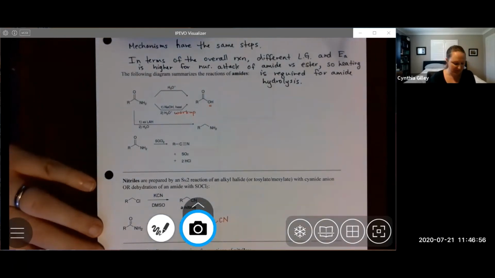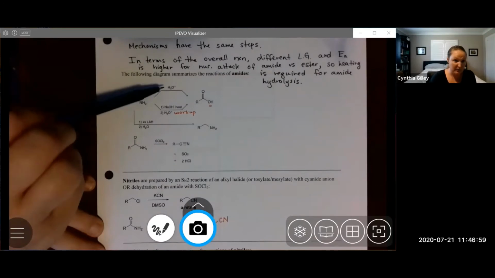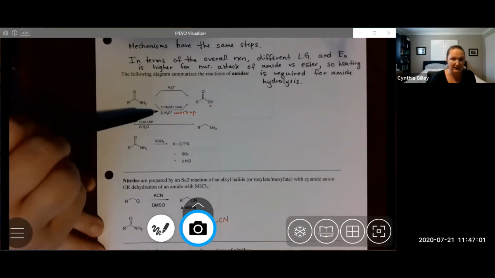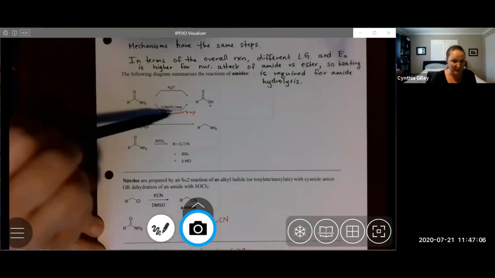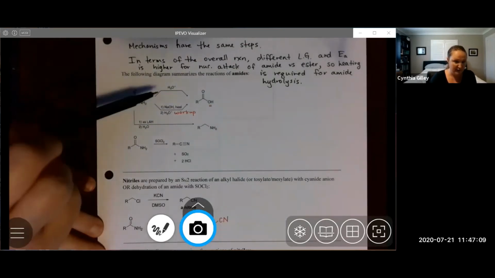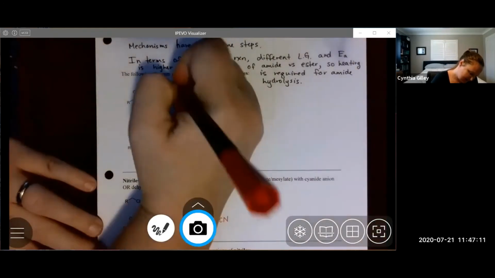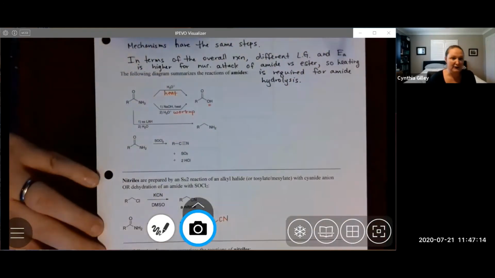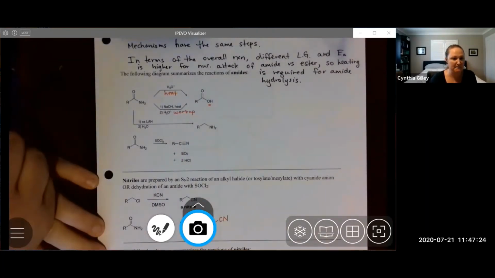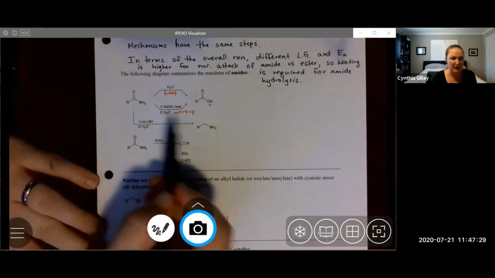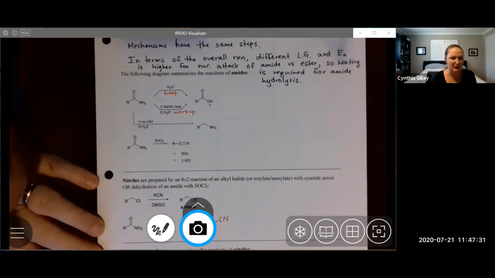Even though it looks like this is H3O plus and this is H3O plus, they're really different meanings. This is just a H3O plus workup, which is different than H3O plus and heat for a really long time in the presence of acid. So there is heat needed here. This is actually a pretty challenging reaction to do in reality. Whereas this is just exposure of the carboxylate to acid during the extraction process at the end.